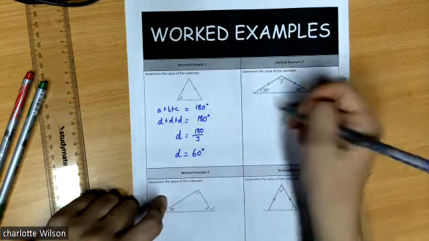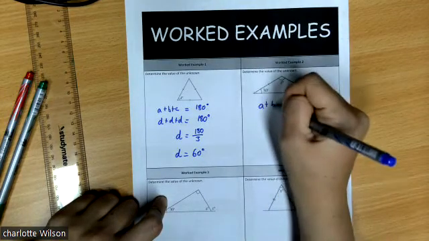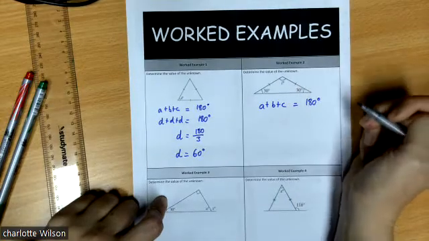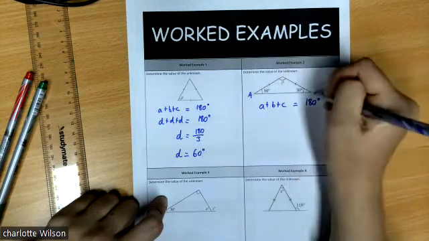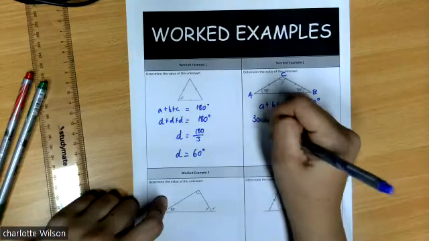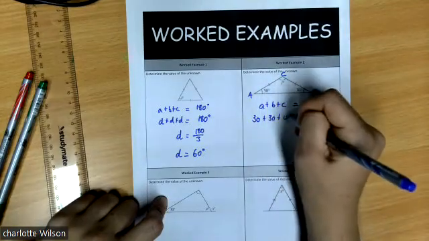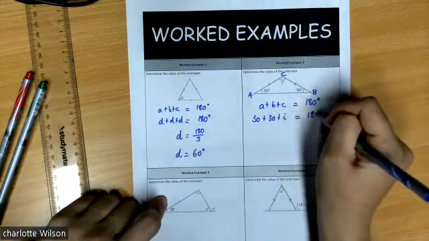In example 2, again, we write our rule that angle A plus B plus C is 180 degrees. If you want to on your triangle, you can label your vertices so that you know which angle you were talking about. So here, angle A is going to be 30, angle B is 30, and angle C is our unknown, which in this case here is letter I, and that equals 180.